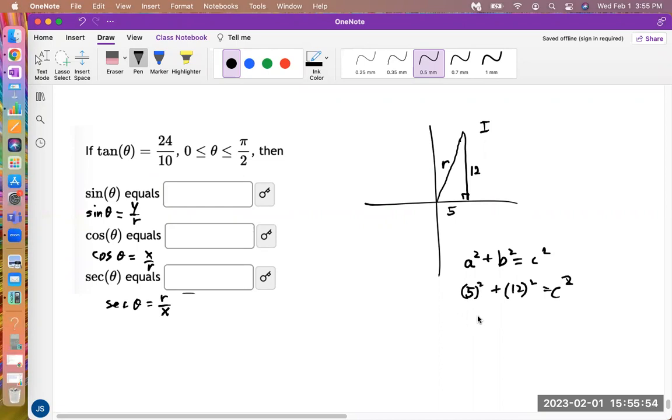So I get 25 plus 144, which equals c squared. So that's 169 equals c squared. Take the square root of both sides, I get 13. So that means that this r side is 13.